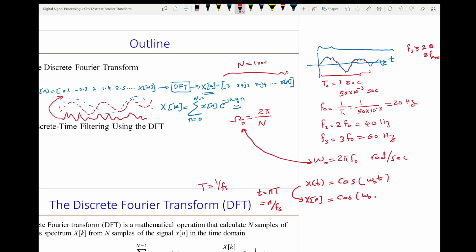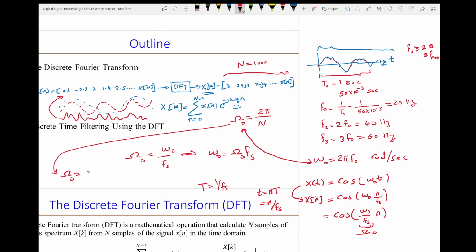So then this will be n over f of s. So basically cosine omega 0 over f of s is n. And that's what we call digital omega 0. So the relationship: the analog omega 0 equals the digital omega 0 times the sampling rate.